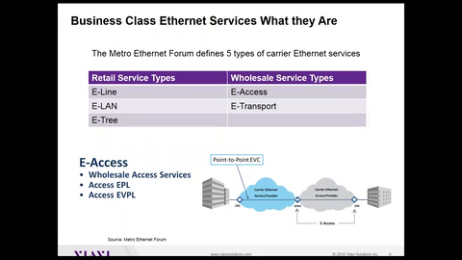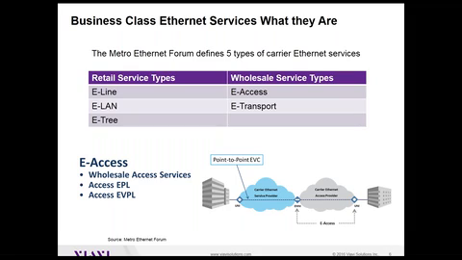This might be a scenario where a service provider doesn't have assets in a particular region, so they contract out with a provider that does have assets in the region, and that provider would be able to offer an e-access service to that particular business location.